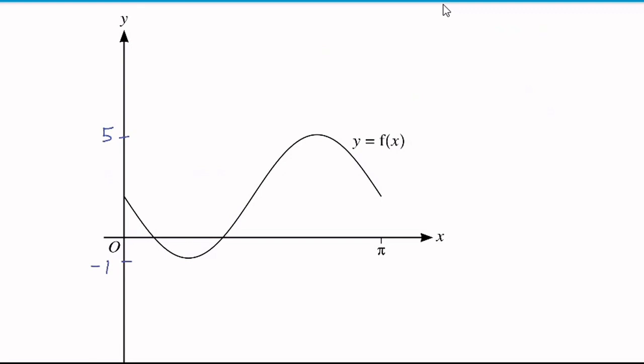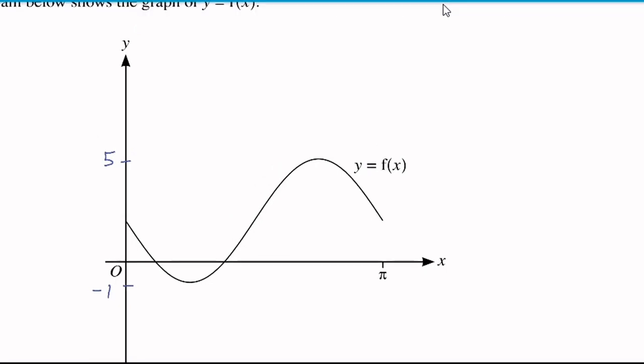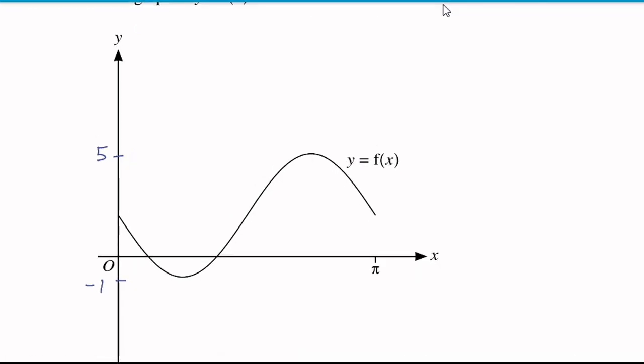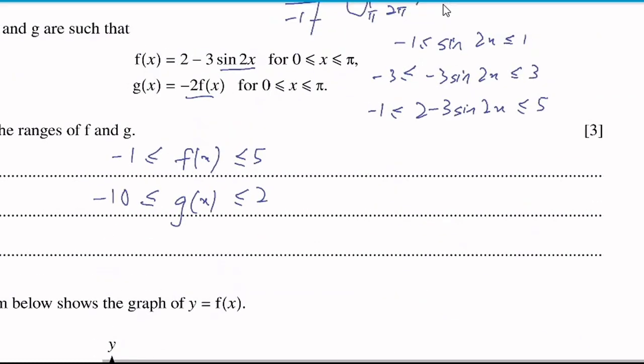So what happened in this case is that we are actually going to sketch the g(x). So what is actually the g(x) here? We look at it first. What is the g(x) here? So the g(x) is -2 of the f(x). Okay, and then we also know that the g(x) has this range here.